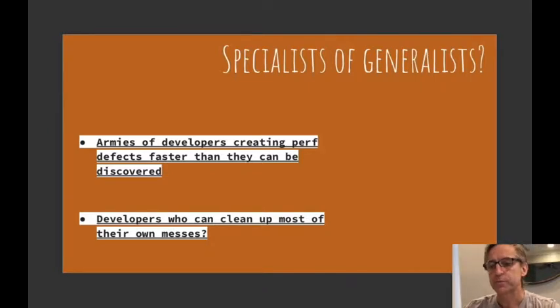So are we, the performance engineers, going to break our backs to fix their problems on a regular basis? I don't think that's a great model, mostly because they can create performance defects faster than we can find them, right? And that's a problem.